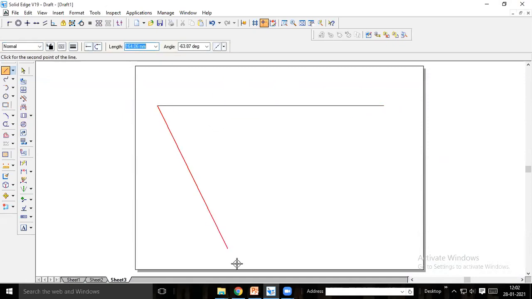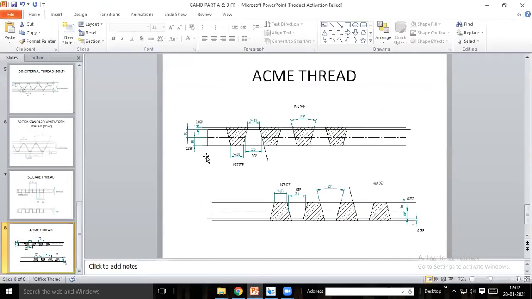So from here you should see. Okay, so let's take the pitch as 50 so that it will look big. In the exam, they may give 30 or 20, whatever the pitch is. Depending upon that pitch, you need to calculate all these values. For the time being, I consider the pitch to be 40 mm here.